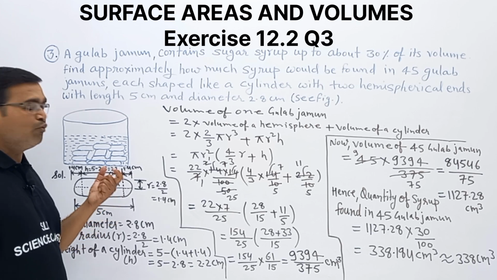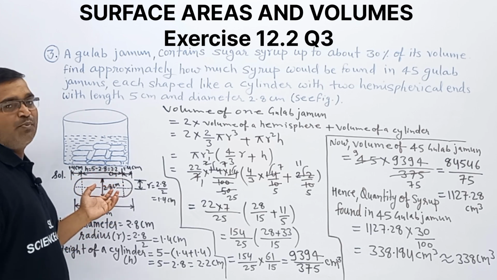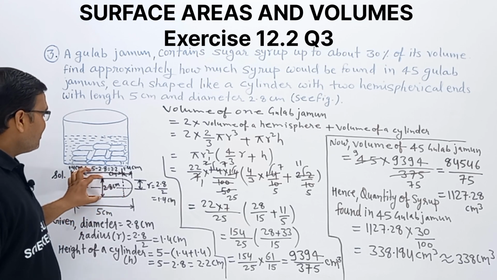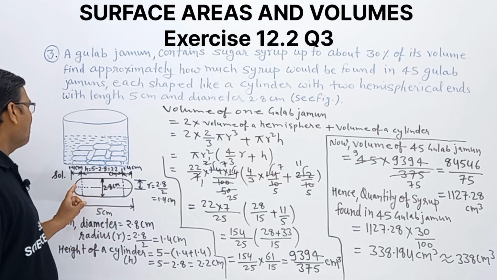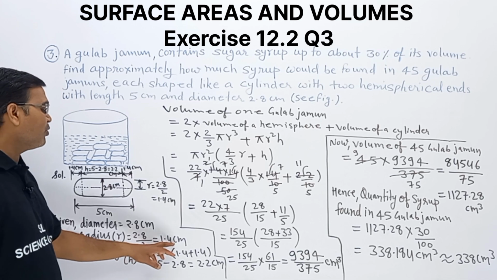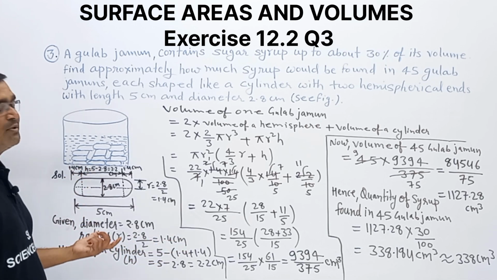Its shape, one gulab jamun shape is what? Cylinder with two hemisphere ends. Clear? So diameter is 2.8 centimeter. So radius of a cylinder or radius of a hemisphere is what? Half of this one. So it is what? 1.4 centimeter.